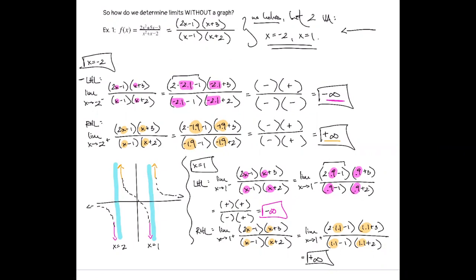And instead of just guessing one or the other, a 50-50 chance, we're going to pick some numbers and use those numbers as samples to show us which direction the graph is trending in. And that's the gist of what we do with limits around vertical asymptotes, okay?